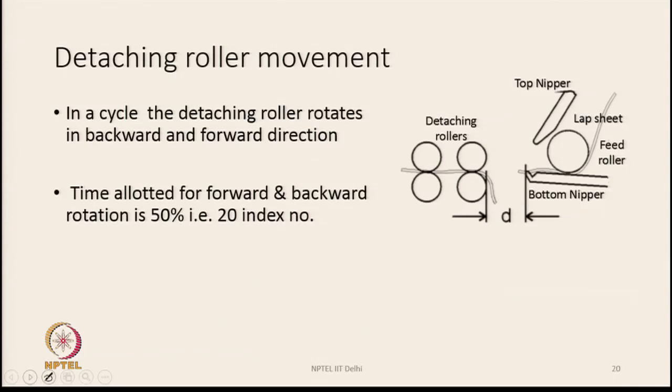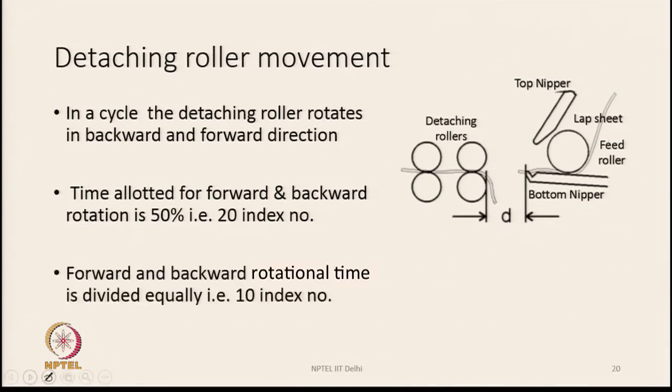So, we give equal time for forward rotations and backward rotations, and therefore, we give almost 20 index number equivalence of time for forward rotation, and for backward rotation also similar. The time allotted for backward and forward rotation combined is 50%, that is equivalent to 20 index number. So, 20 index number is meant for both forward and backward journey, not only for forward or only for backward.